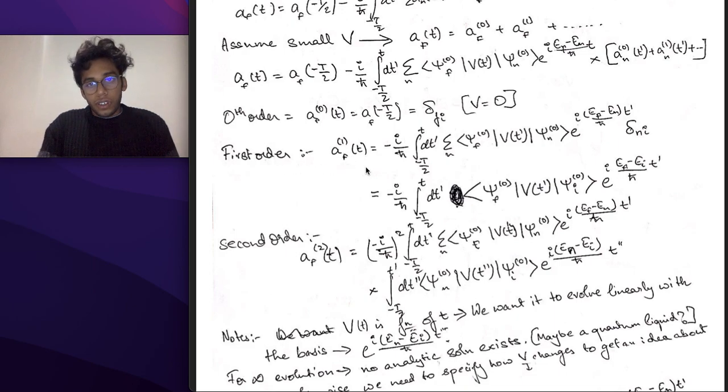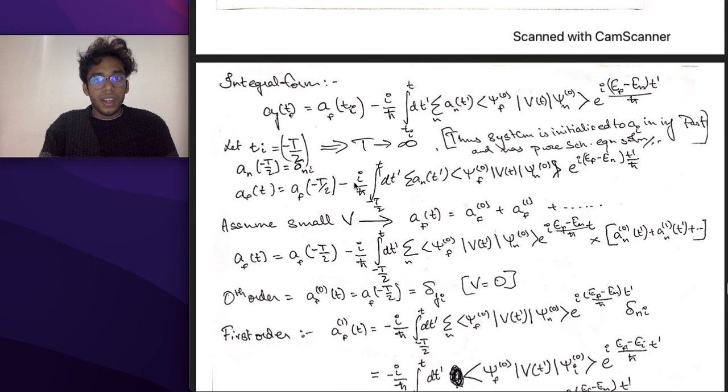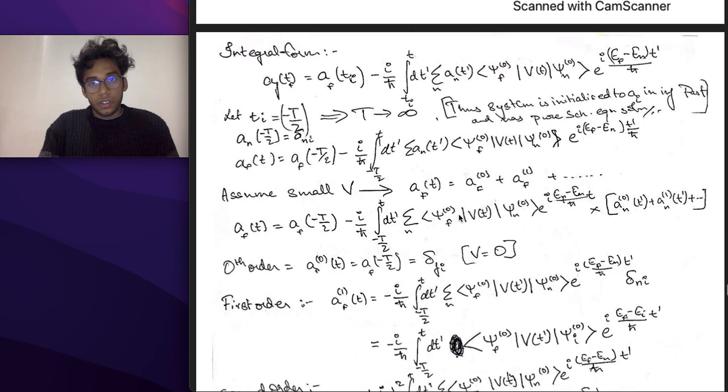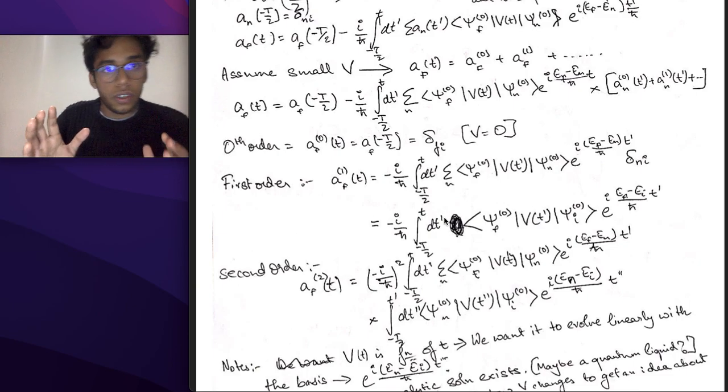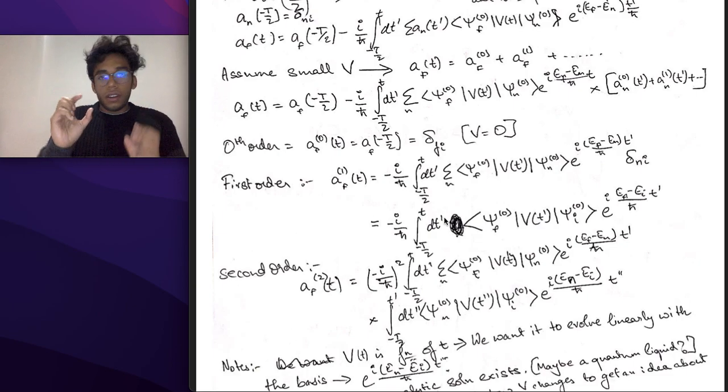However, in the first order, it means that there is a change. When you have a zeroth order solution, it means that you're sitting in a perfect cube.